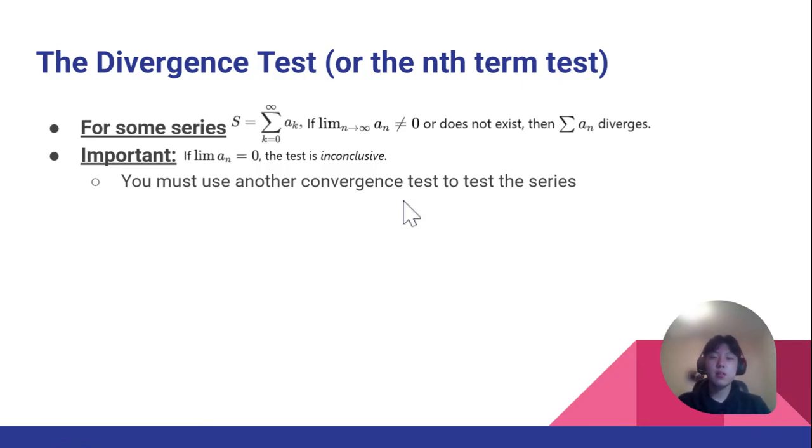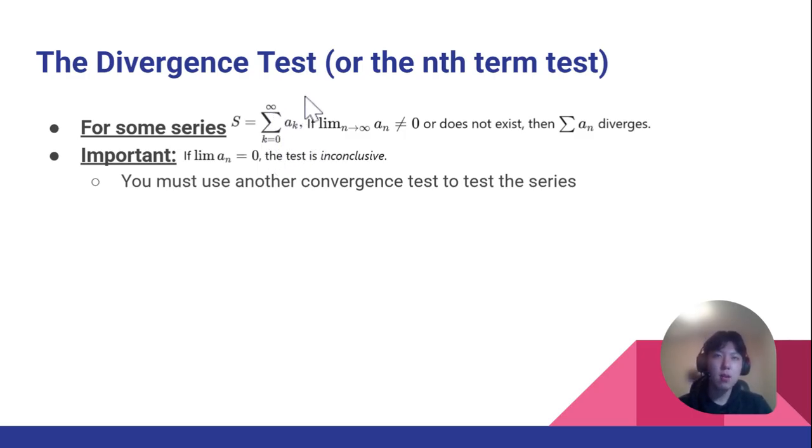So the first test I'm going to cover is called the divergence test, also known as the nth term test. What it states is that for some series S equals this thing in sigma notation, it just means an infinite series where the argument is a of k.